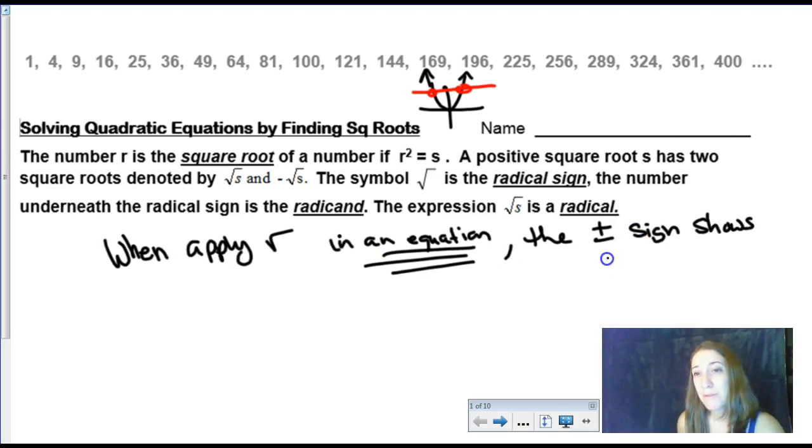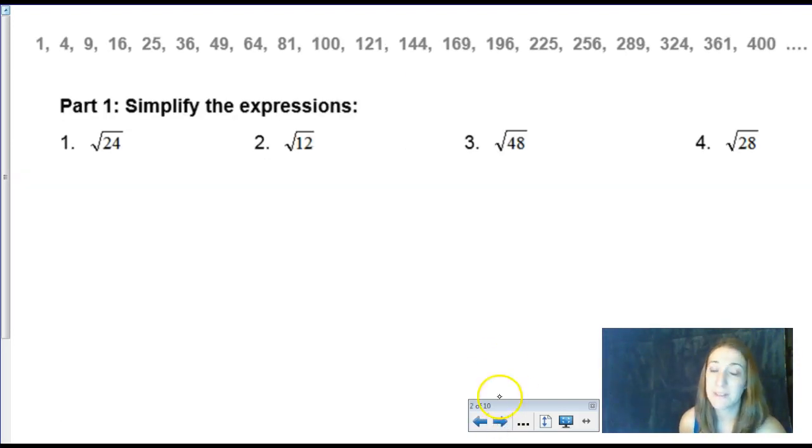And it's very clear that that's when it shows up. The minute that you apply a square root sign to both sides of the equation, that is where both positive and negative solutions occur. We're going to see problems where that happens at the beginning of the problem, and then we're going to see problems where that happens towards the end.